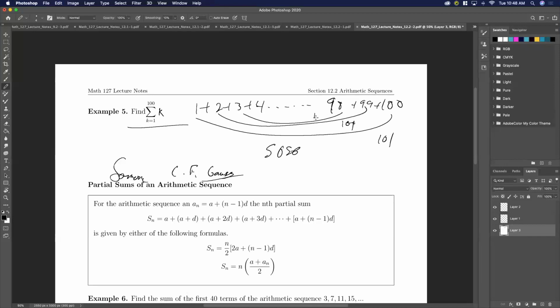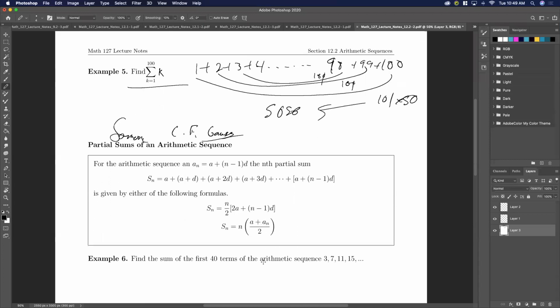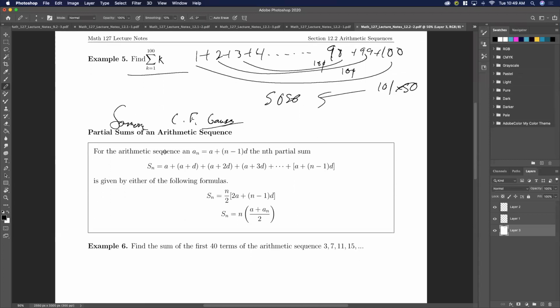If I add up these two, I get 101. Well, how many am I going to have of those? I'll have 50 of them if I run through all of them. So it'll be 50 times 101, which is 5,050. So we end up doing the exact same here.